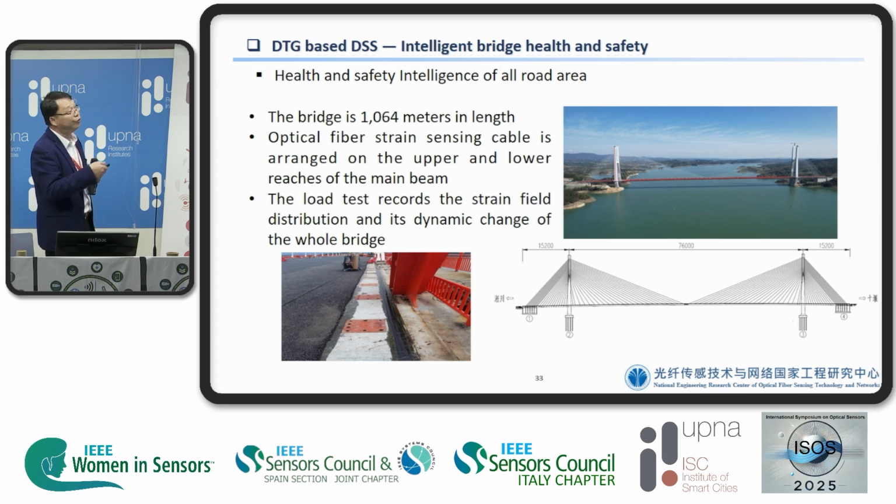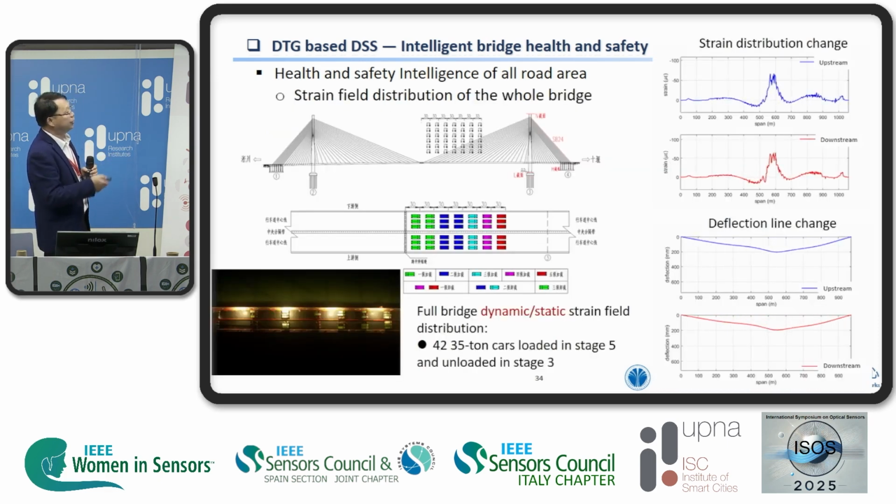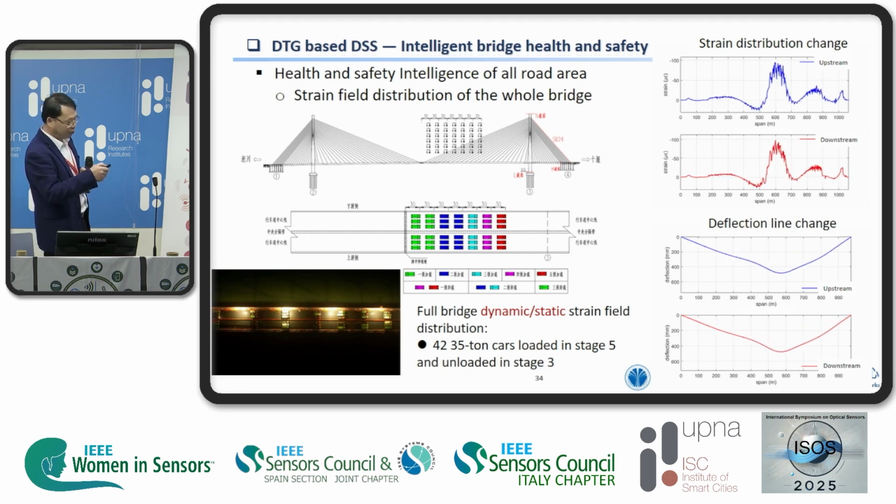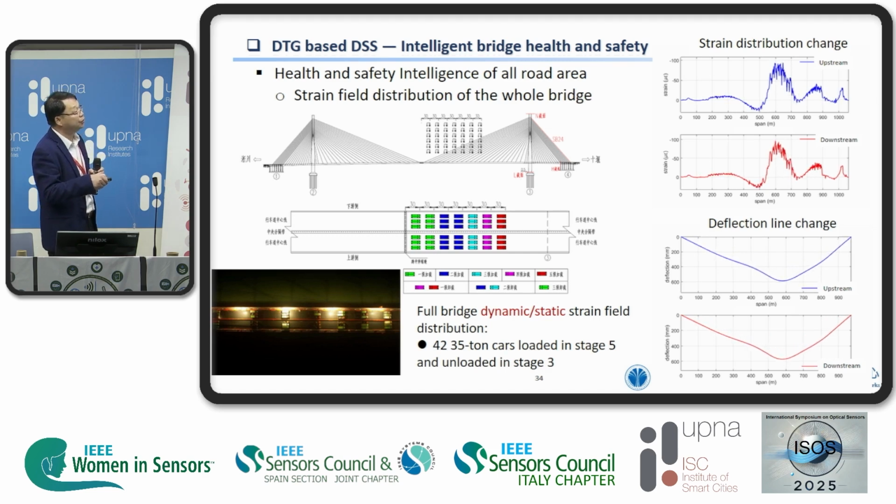There are many newly built bridges. For the newly built bridges, some of them were installed with our FBG cable distributed sensor systems to monitor the structural health. You can see here is the field test, and then we want to check how strong, how robust the bridge is.